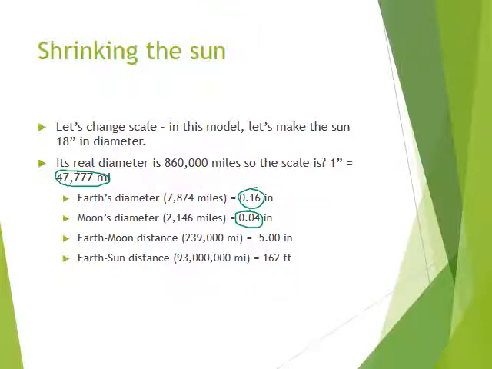At this same scale, with those tiny little balls being Earth and moon, they'd only have to be 5 inches apart from each other. The Earth-Sun distance, if I did the numbers, would have to be 162 feet. So I'd have to take my exercise ball and walk 162 feet in order to place it at the proper distance so that it properly represents the distance from the sun to the Earth on this scale.